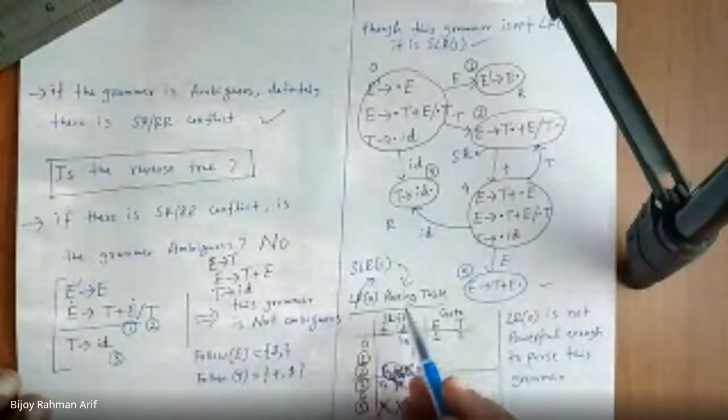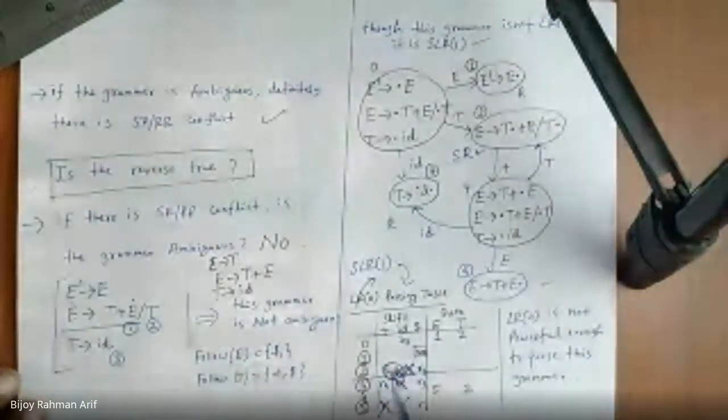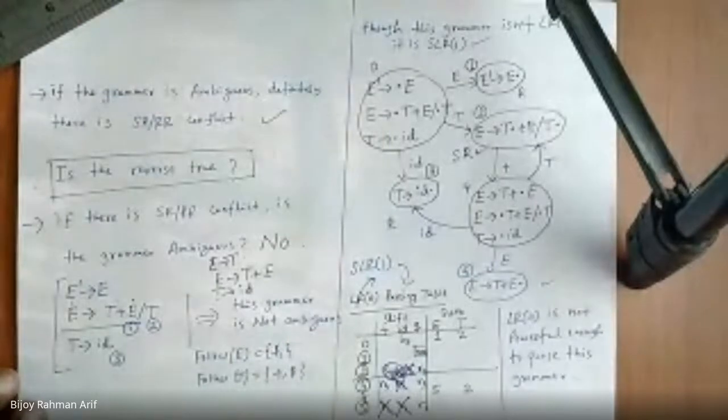We are trying to find out the LR(0) parser. We have seen there is one conflict there, a shift-reduce conflict.